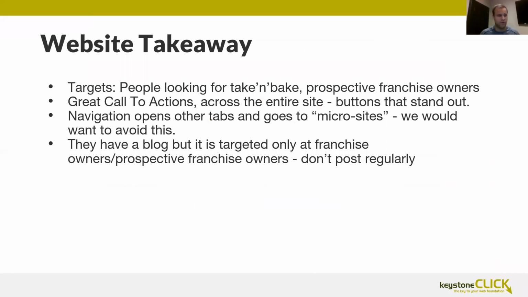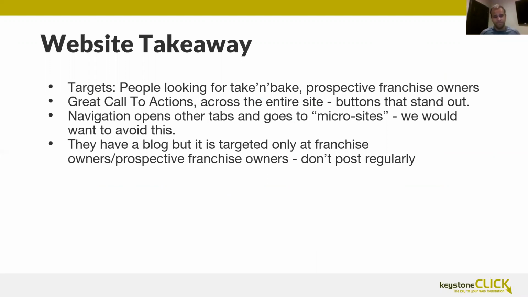And what we end up with is a list of some general website takeaways for you. Here are a couple key things that we focus on. We focus on the target of the website. For Papa Murphy's, it's people looking for take and bake pizza, but it's also twofold: they're also looking to target prospective franchise owners and give those people lots of information.